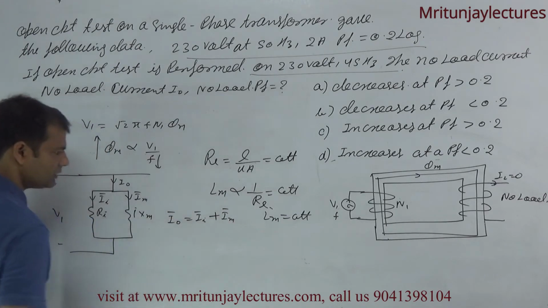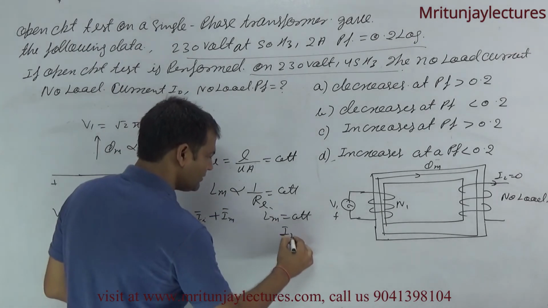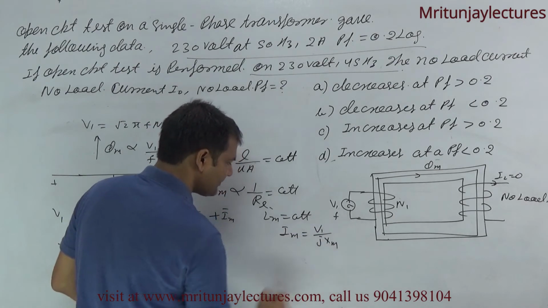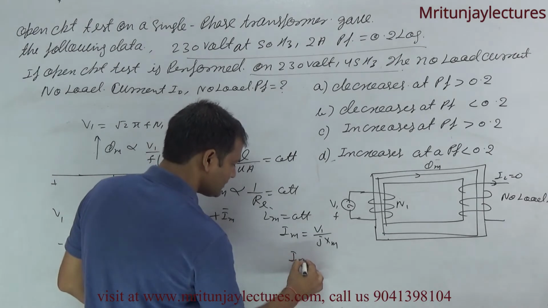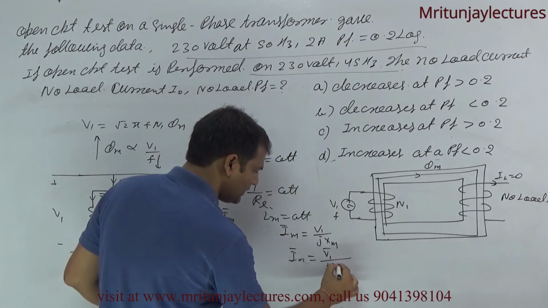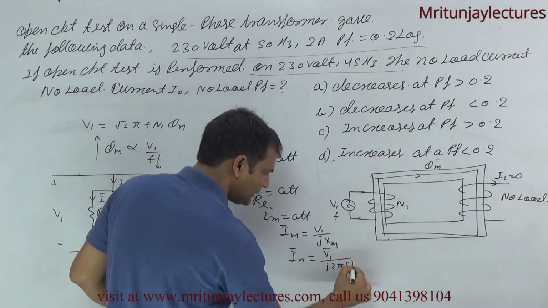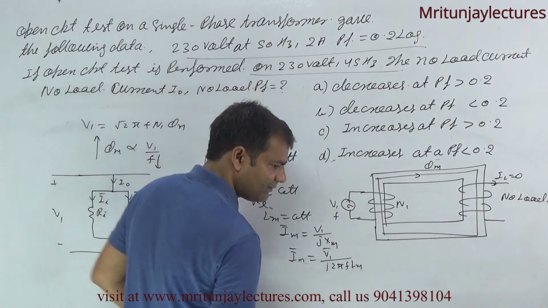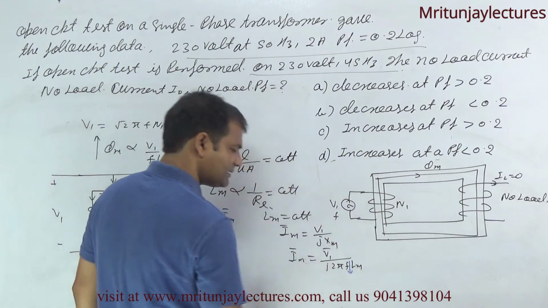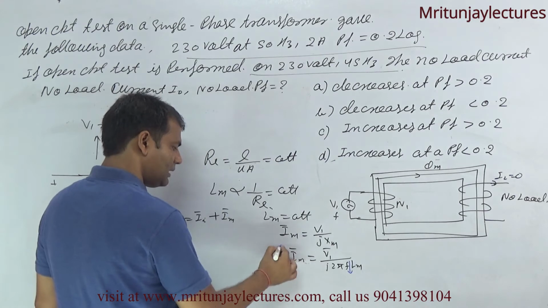Clear? What about Im? Im is V1 divided by jXm, or you can say V1 divided by j 2 pi f Lm. If f decreases, what about Im?